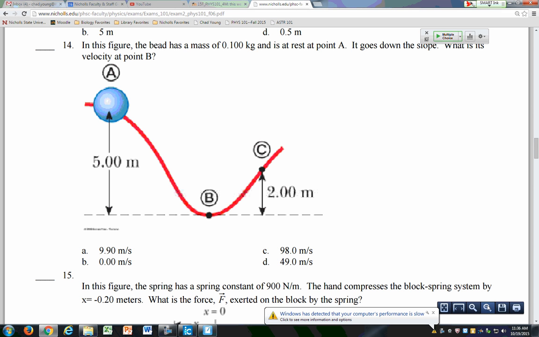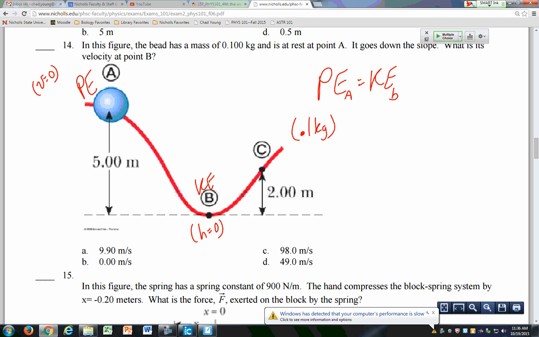You just want to be able to look at these and figure out, okay, here I only have potential, because v is equal to 0. And down here, h is equal to 0, so I only have kinetic. So I set my potential energy at point A equal to my kinetic energy at point B. So the potential energy is mgh. It's 0.1 kilograms. I think I used 9.8 here.